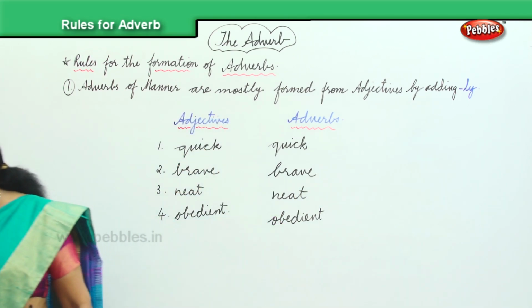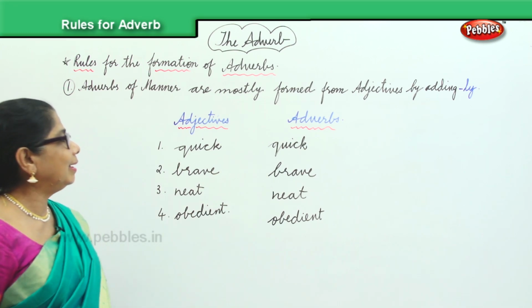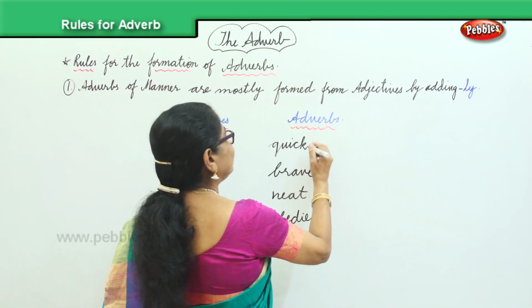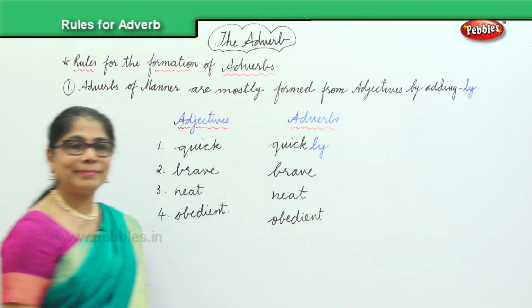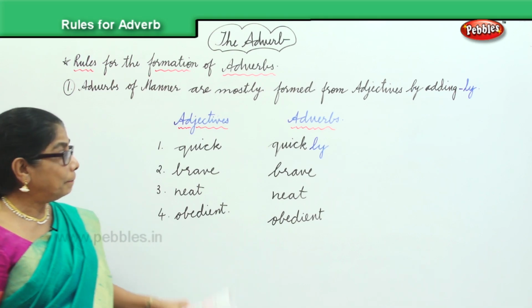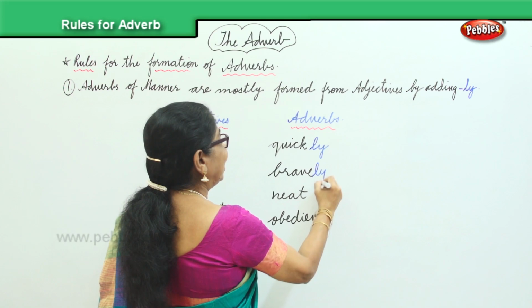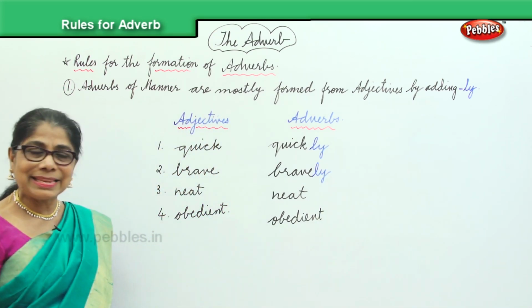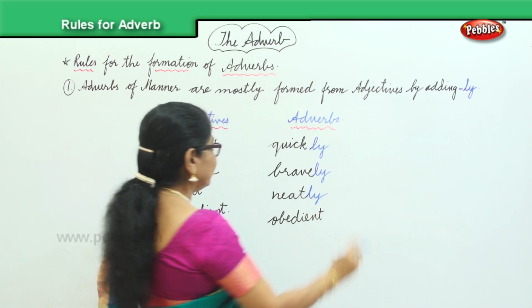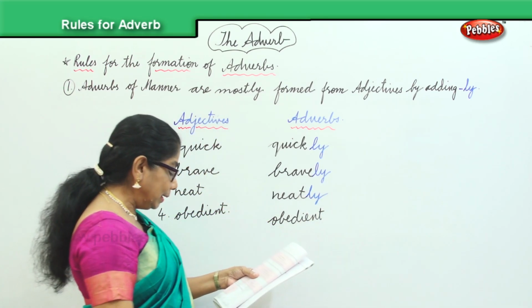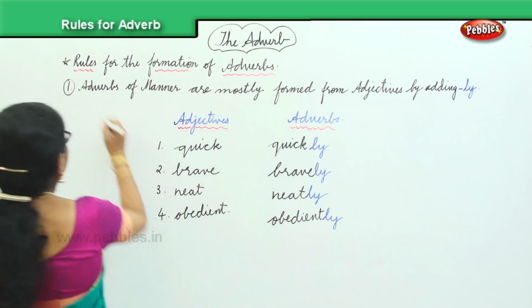You simply add ly. Quick, quickly. The next we have brave, bravely. You add ly. Neat, neatly. Obedient, obediently.